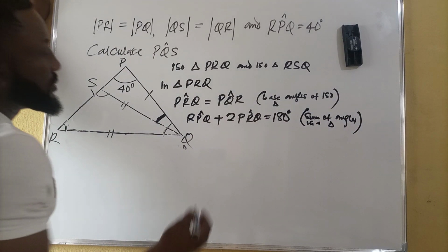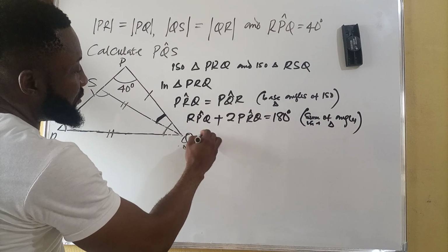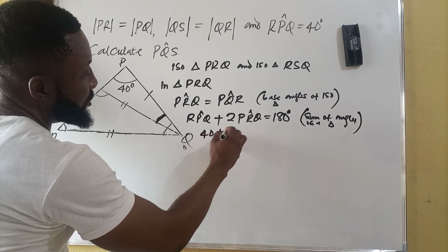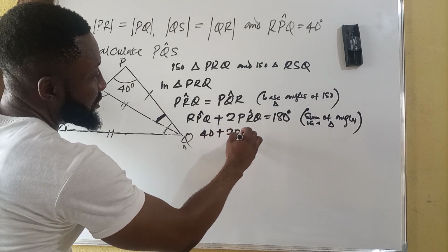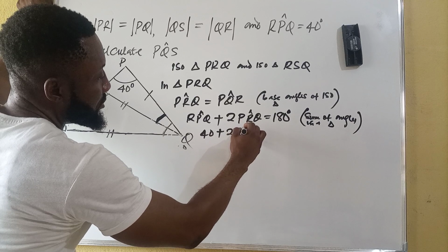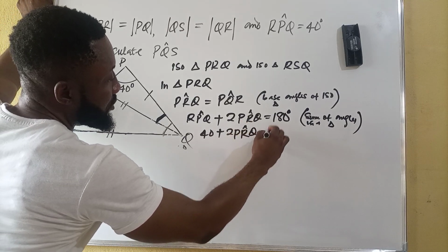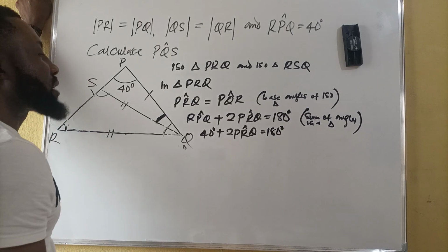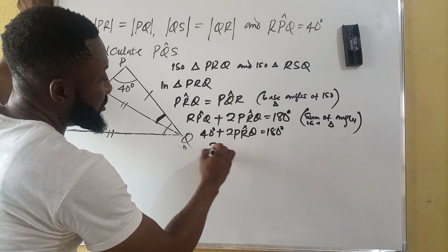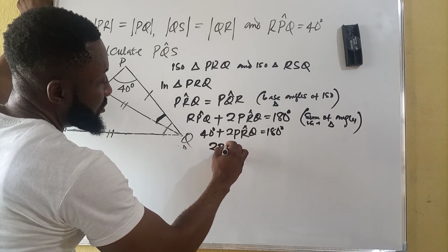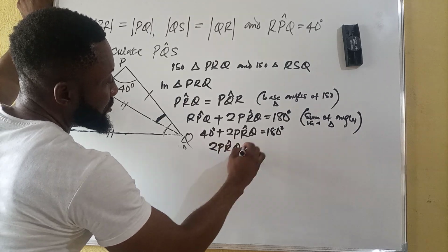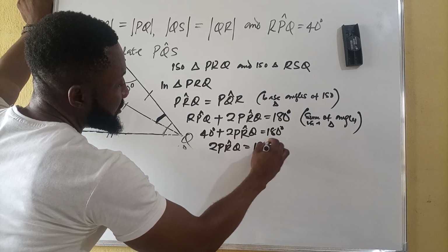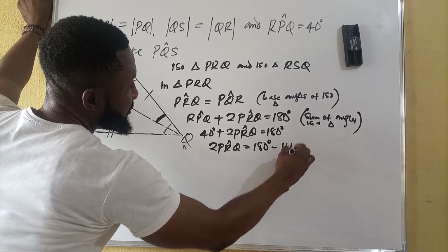Beautiful. But this angle is given to us as 40. So we're going to say 40 plus 2PRQ is equal to 180 degrees. So we're going to subtract 40 degrees from both sides. So that will give us 2PRQ is equal to 180 degrees minus 40 degrees.